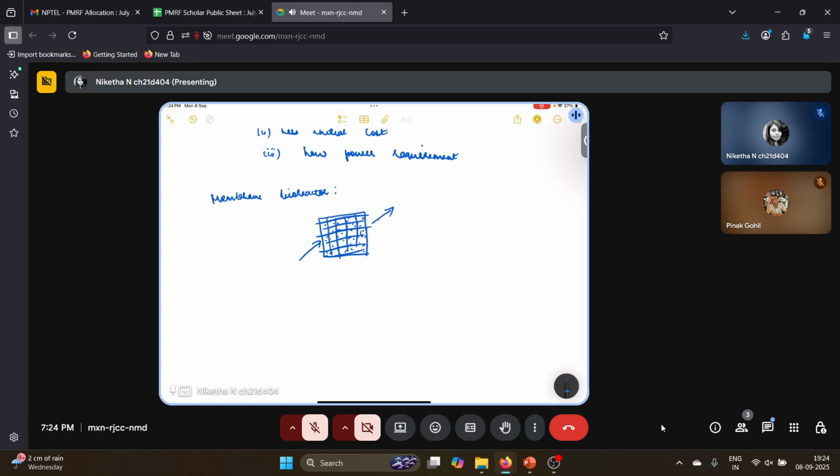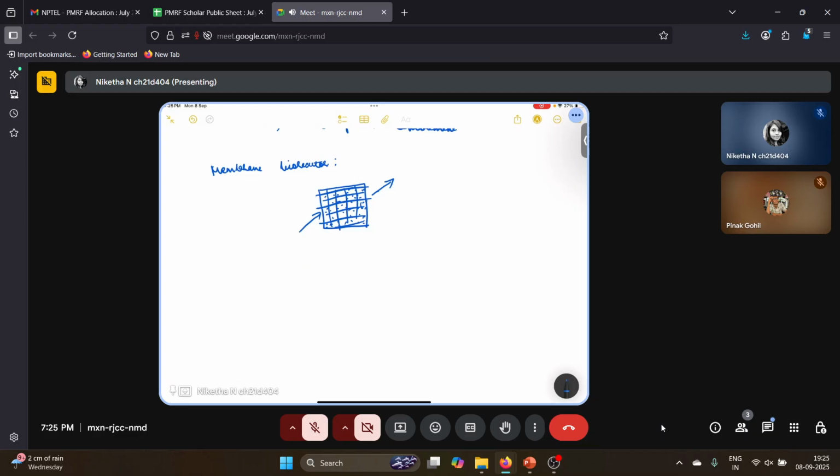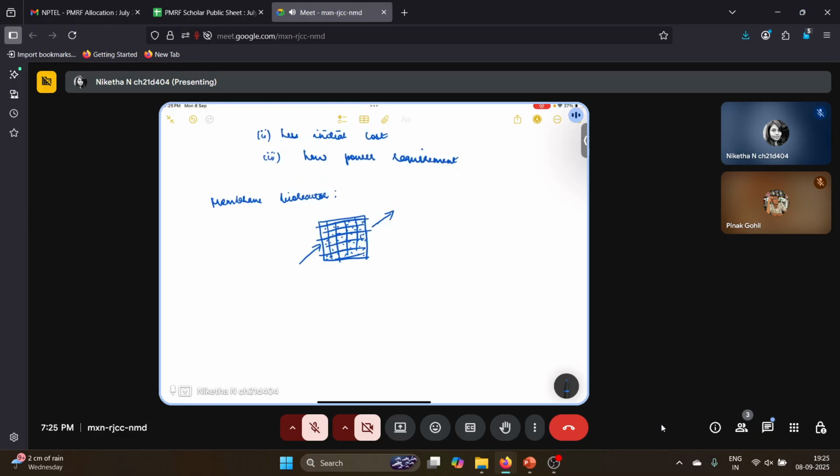So that is the advantage of a membrane bioreactor. And again, it is a type of suspended growth because it is going to be placed in a tank. So there we also have suspended bacteria present.